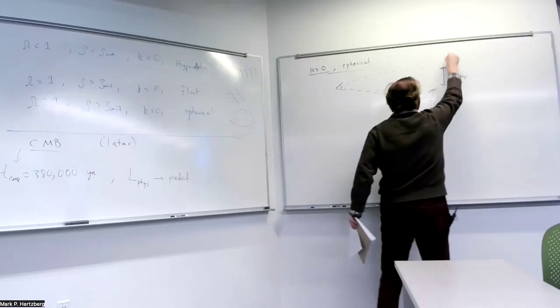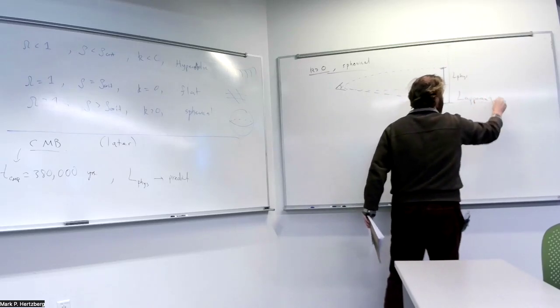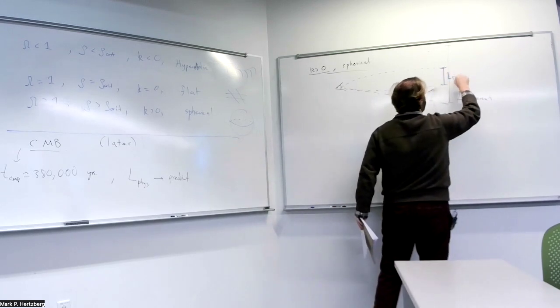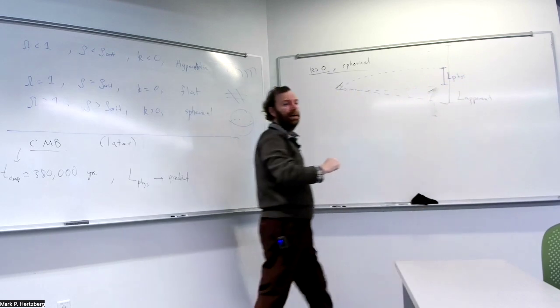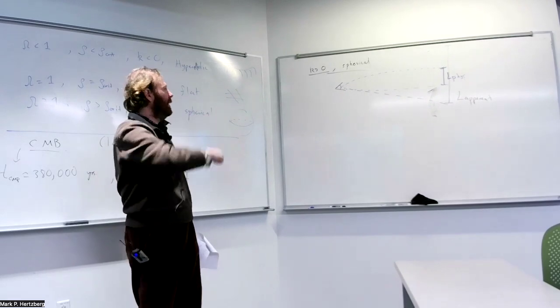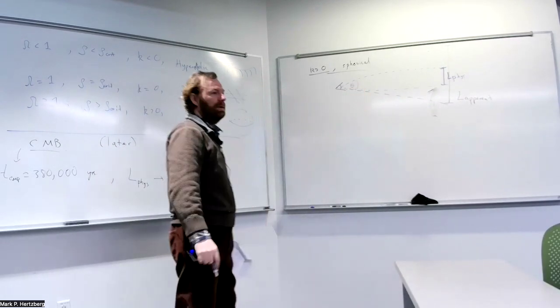So this length here would be like L apparent. That's the apparent size of this thing. Is that all right? So basically, we measure this angle here. You measure the angle, and you check what you get.